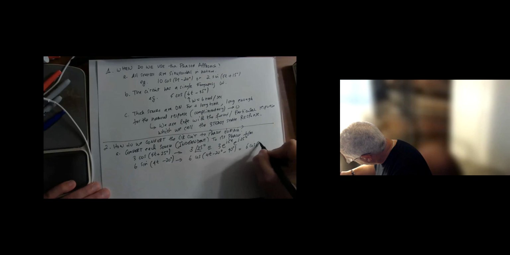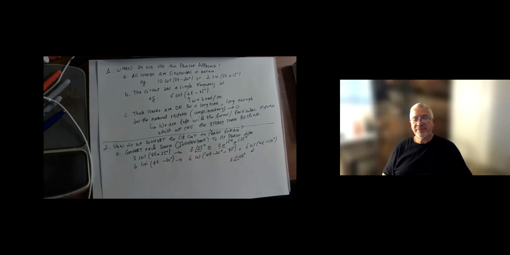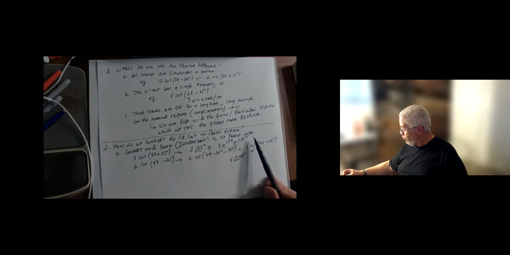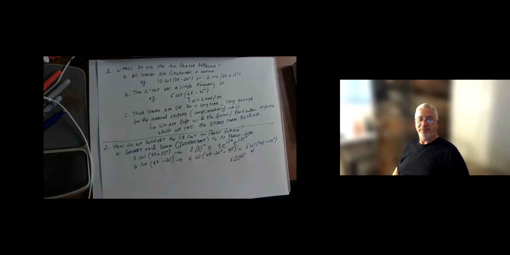So this is 6 cosine 4t minus 110 degrees. And then we convert this to its phasor. Essentially, this becomes 6 at an angle minus 110 degrees. So we convert each source to its phasor representation. So I'm giving you some examples of that.